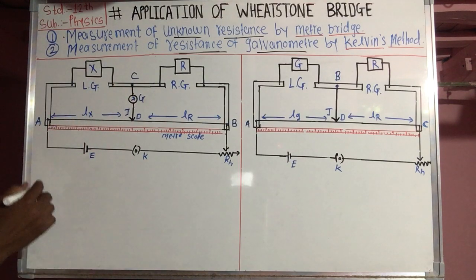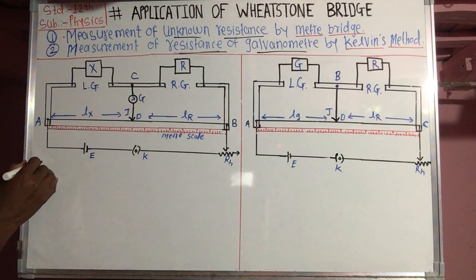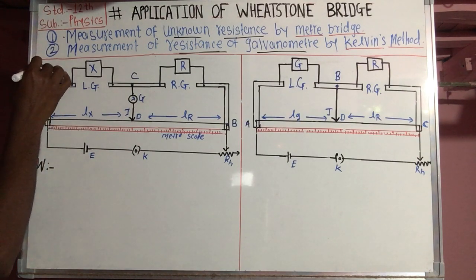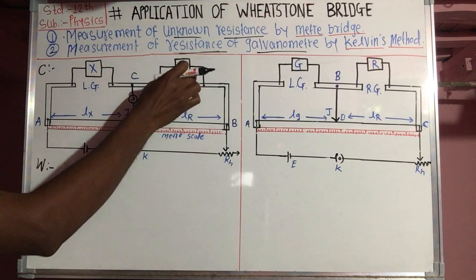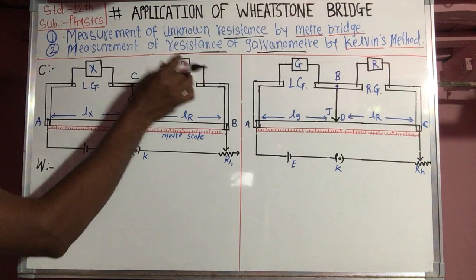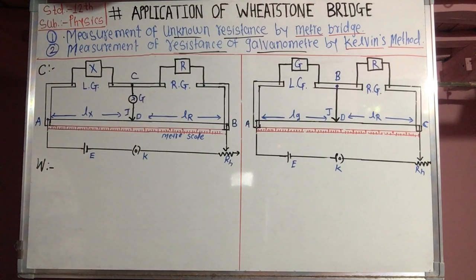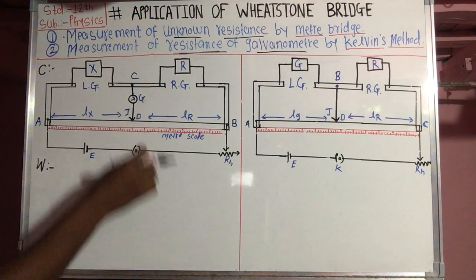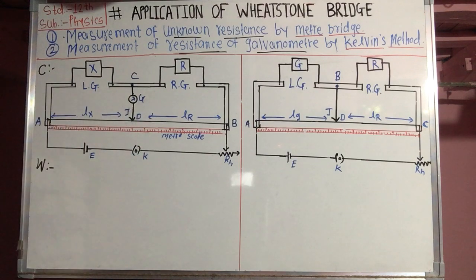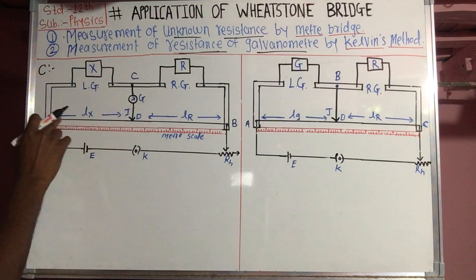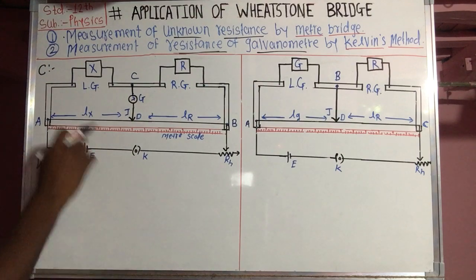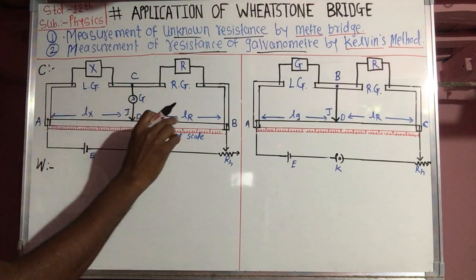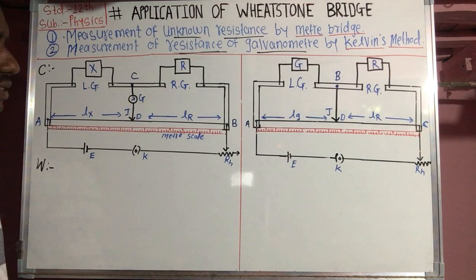So what is the working? This is the connection and this is the working. Firstly, we take out a suitable resistance from the resistance box, and the jockey touches different points on the wire AB. Just touch the jockey, not sliding; remember this point.